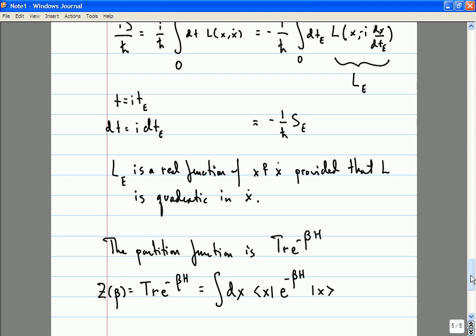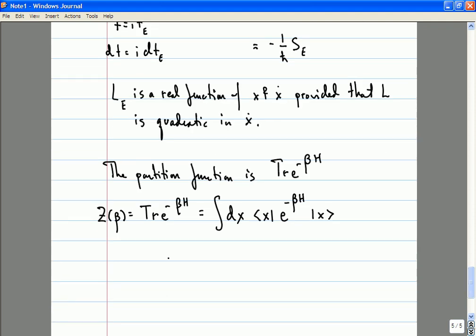So what is that? That's the integral dx of the integral over all possible paths that start at Euclidean time equals 0 equals to x, and end at Euclidean time equals to beta h bar, also equal to x, because x initial now is equal to x final, weighted by e to the minus Euclidean action over h bar.